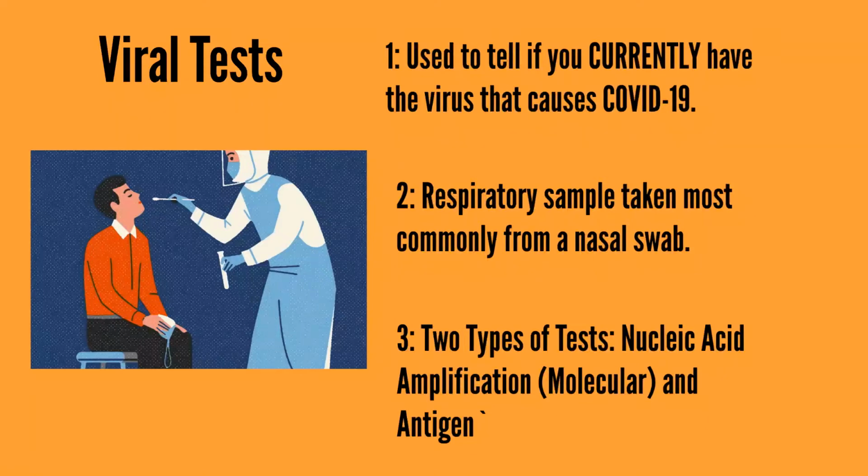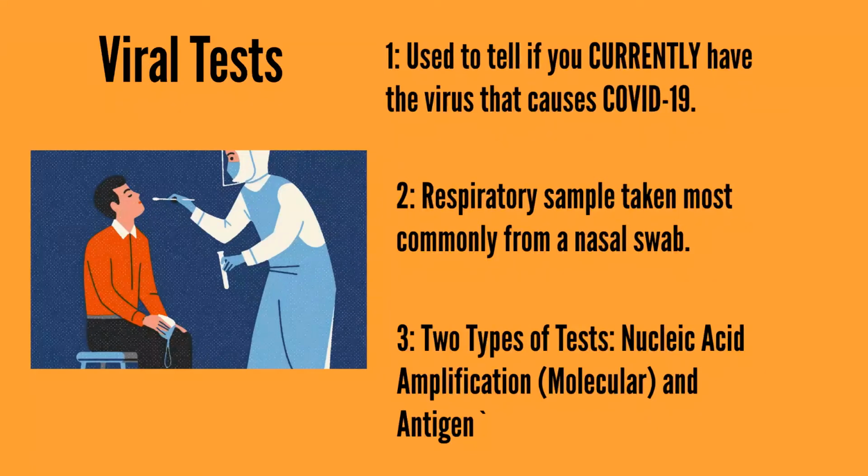The antigen test is different because it's testing for a protein in the virus that causes COVID-19. And sometimes what happens with the antigen tests is they're not as accurate as the molecular tests. So, for example, if the facility is using an antigen test, you get a test, and if you get a positive result back, then yes, you have COVID.